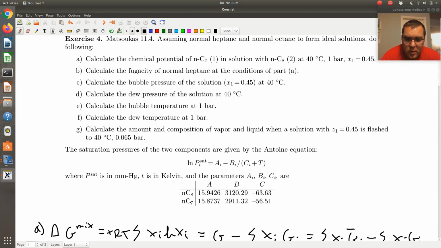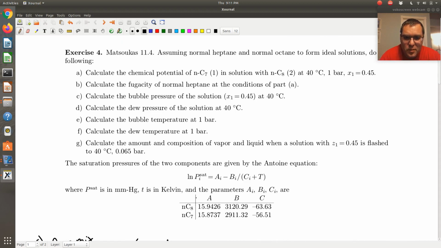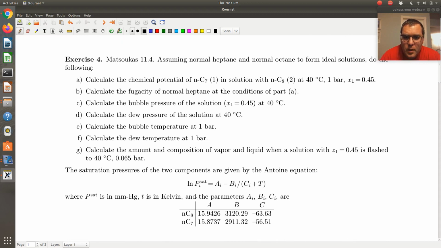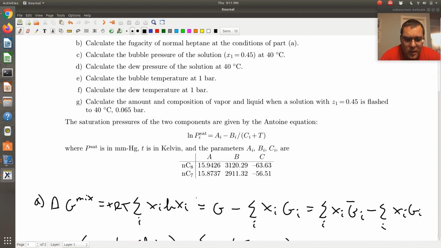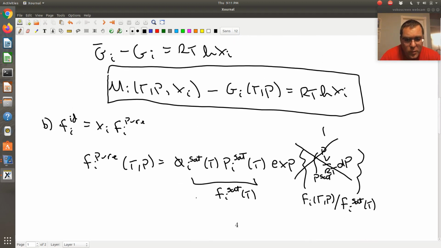So you could go to your Antoine equation for C7. You could calculate P1 sat. Now you don't know the molar volume, but you could calculate P1 sat, compare that to 1 bar, and see that that's going to be pretty small. In fact, it's going to be less than 1, and so that term should be pretty negligible. Okay, so the Poynting correction we would assume is negligible.